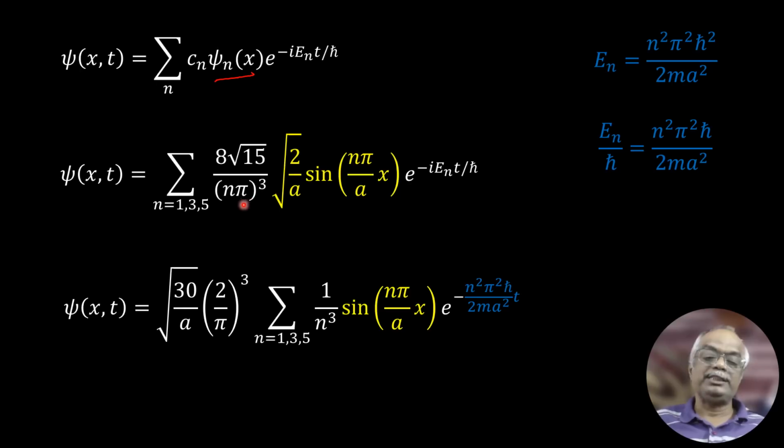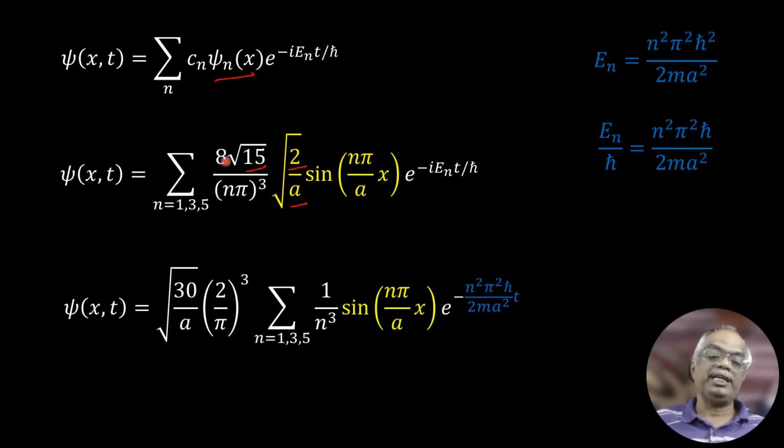Now we can simplify some of the terms. You can see this 15 square root of 15 into square root of 2 will become square root of 30, and here you have square root of a, which we have also taken. So this will become square root of 30 divided by square root of a, of course.